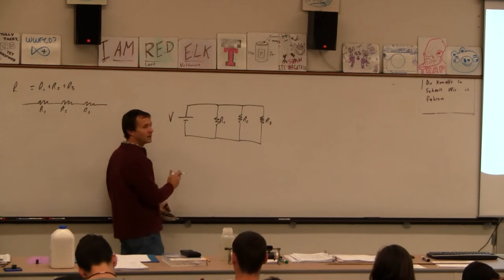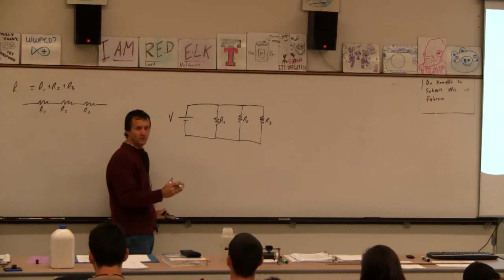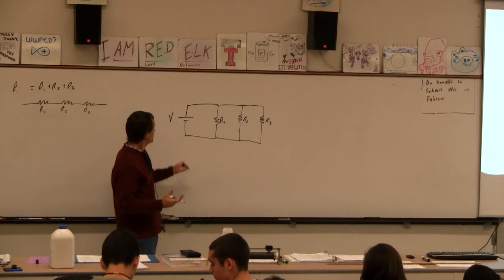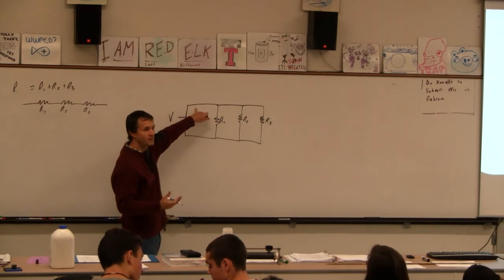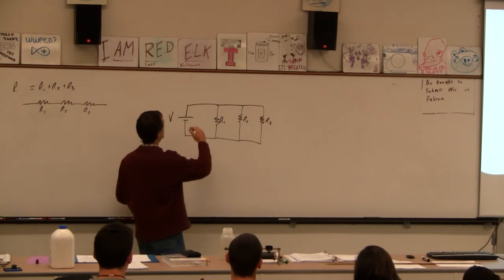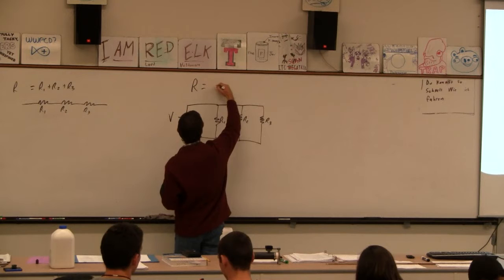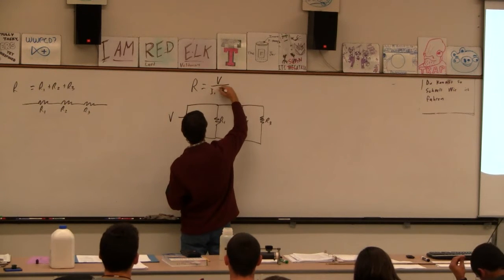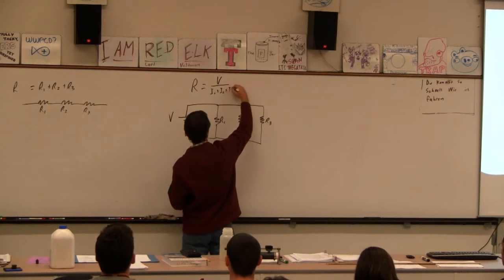We've done enough of these problems that we understand that the total current leaving the battery is the sum of all those currents, correct? So the resistance of this circuit is going to be the voltage divided by the total current, I1 plus I2 plus I3.